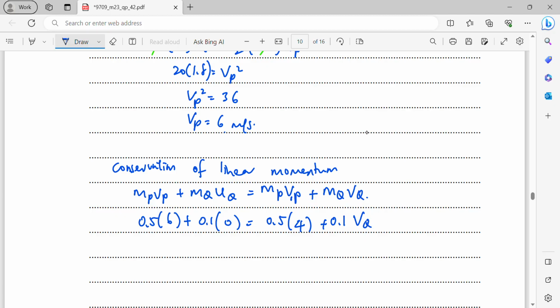The left hand side, 0.5 times 6 is 3. Then 0.5 times 4 is 2, plus 0.1 v_Q. So 0.1 v_Q is 3 minus 2, which is 1. Therefore v_Q is 1 divided by 0.1, giving 10 meter per second. This is the speed of Q right after the collision.